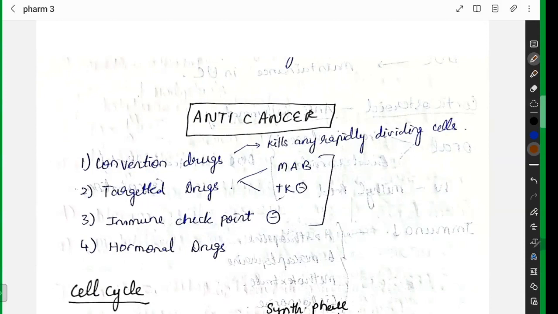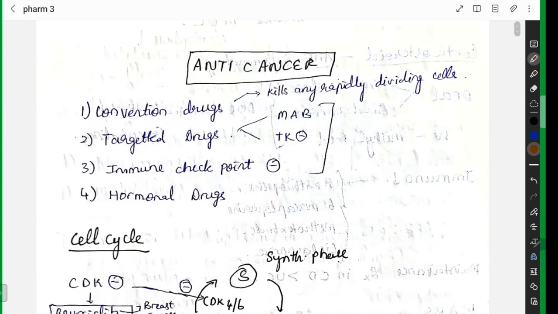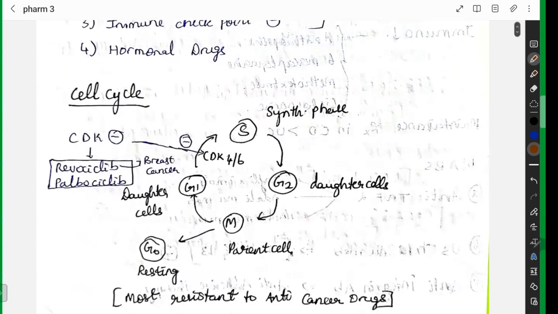Okay, right? So now moving towards the cell cycle, the first thing you're going to understand is that you're going to have a G1, so first you're going to have a daughter cell. Then you're going to have the synthesis phase. So the first phase is the S phase, that is your synthesis phase. This phase is going to prepare your DNA. It is going to prepare all your enzymes, RNA polymerase, DNA polymerase.